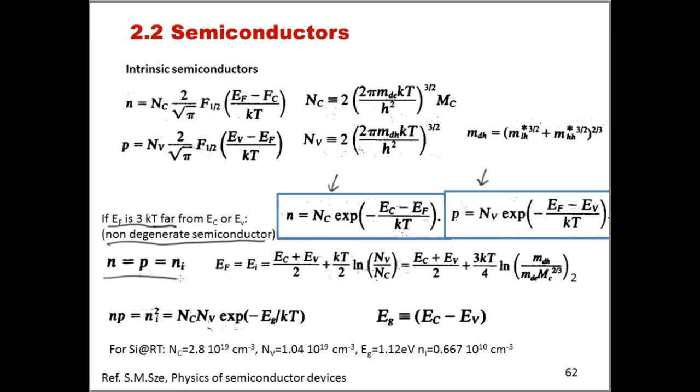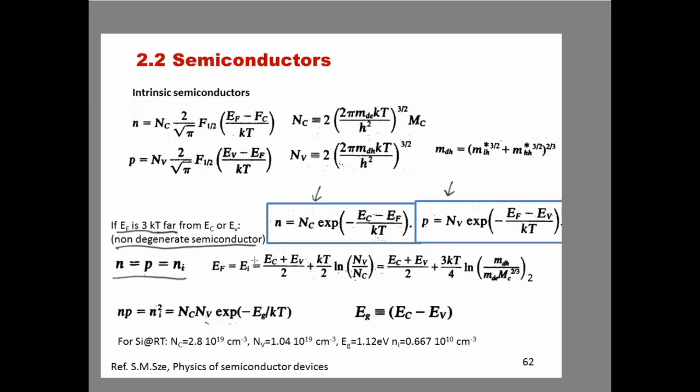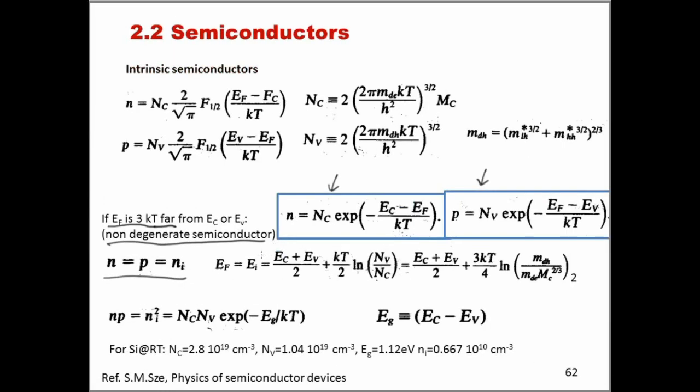Still, if we are in an intrinsic semiconductor, we know that n is equal to p and is equal to ni, and the Fermi level can be calculated precisely in this way. The Fermi level is generally very close to the midpoint between the conduction band and the valence band.